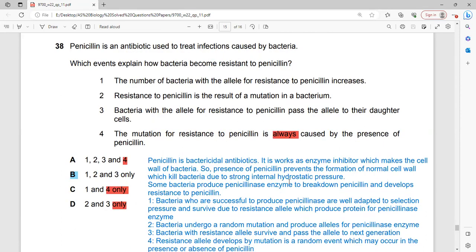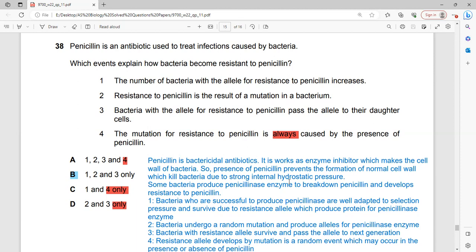Now, the second last question. Penicillin is an antibiotic which is used to treat infections caused by bacteria. This penicillin is a type of bactericidal antibiotic because it kills bacteria. It is basically an inhibitor of the enzyme which is responsible for making the cell wall of the bacteria.